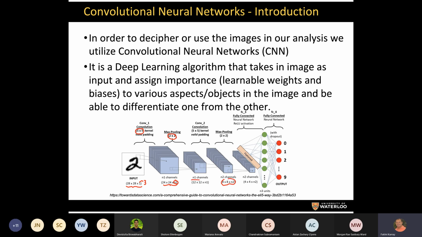So I would like you to know here that this 12 by 12 by n1 is operated on with these 5 by 5 kernels and with n2 types of channels. So there are n2 types of filters, so there are n2 of these kernels. And then this system provides us 8 by 8 by n2, which is the number of channels or the number of kernels.